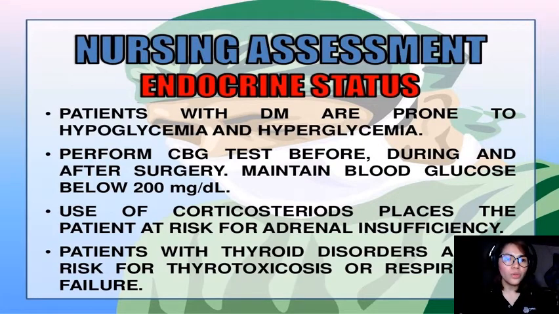Thyrotoxicosis is a condition wherein you have too much thyroid hormone in your body. So you have signs and symptoms like heat intolerance, palpitations, fatigue, weight loss, and muscle weakness, no? Those are the symptoms to watch for if you have thyroid disorders.